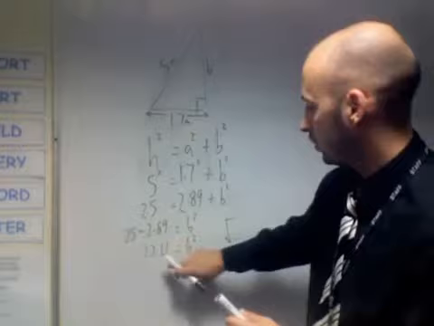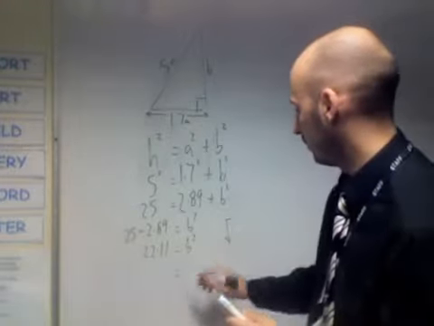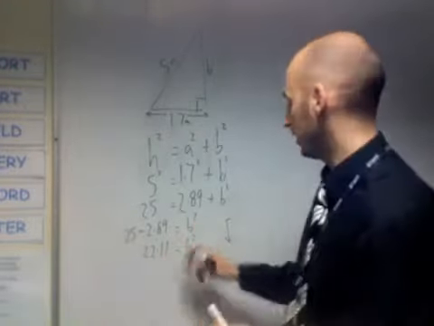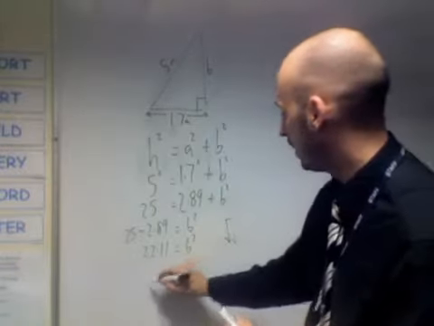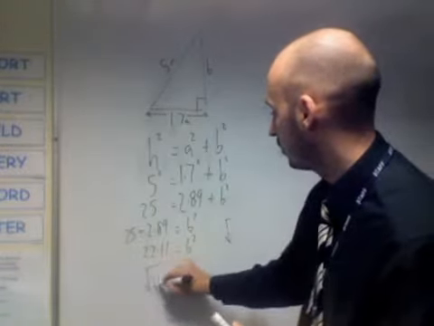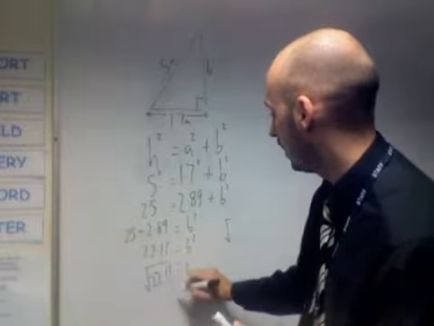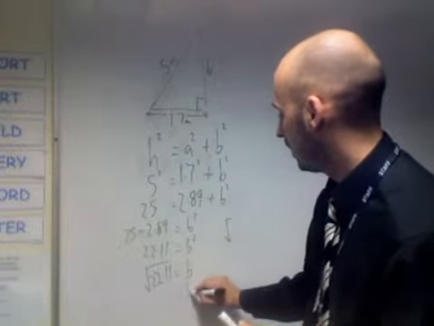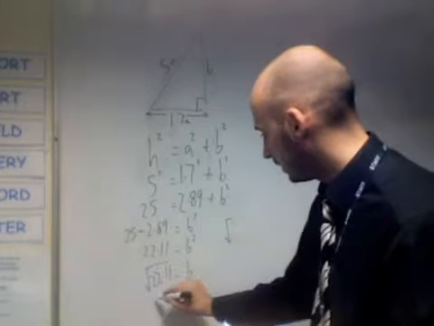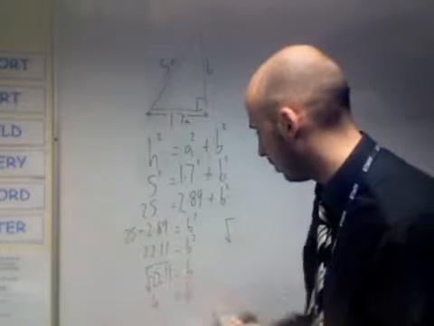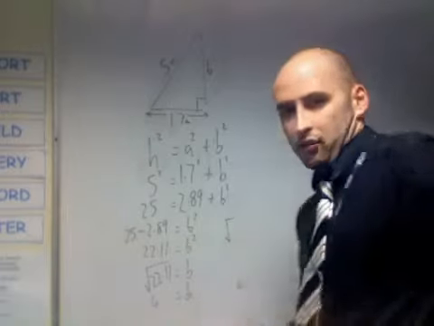If I take the square root of both sides, it'll give me just b. The square root of b squared gives me b, and the square root of 22.11 will give me b. I think it's something like 4.7.